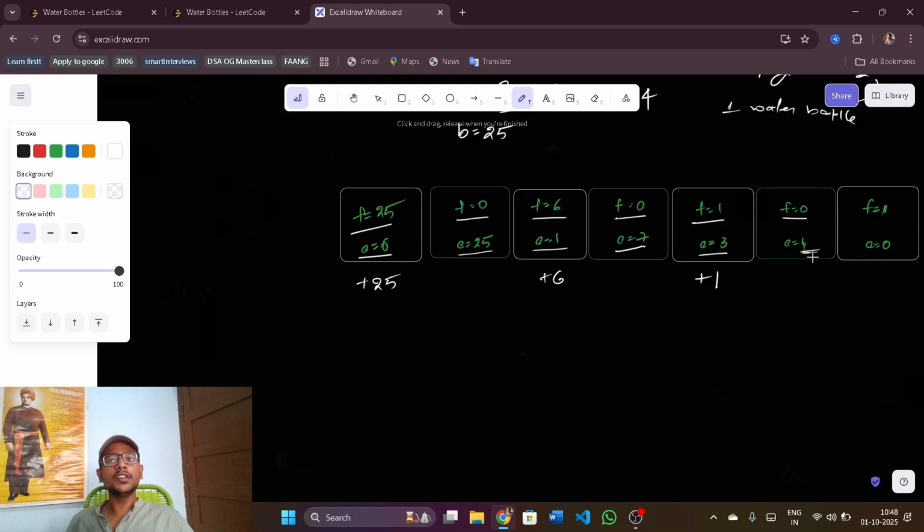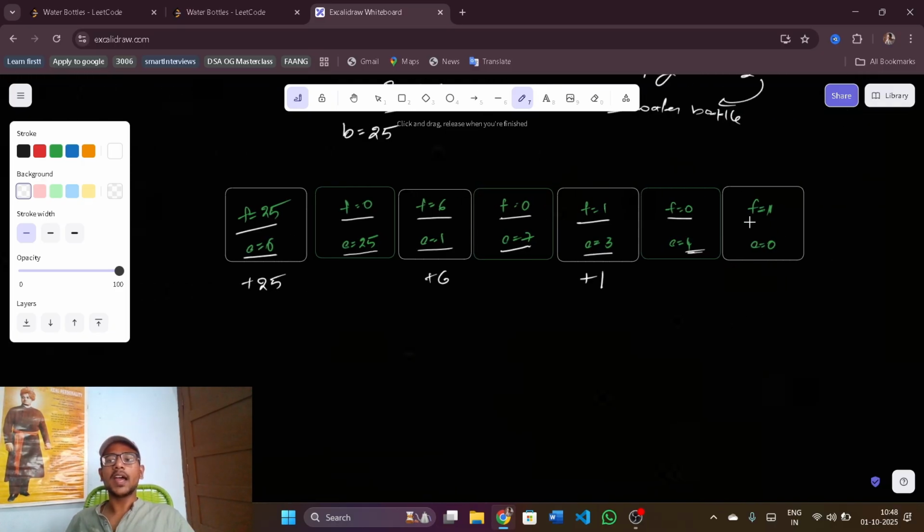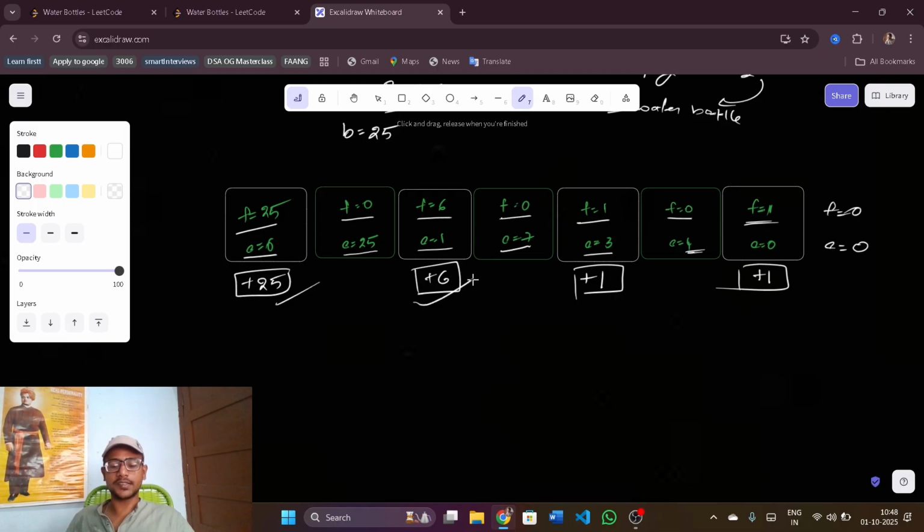Now, by giving these 4 empty water bottles, I'll get 1 filled water bottle and drink that bottle and get filled as 0 and also empty as 0. But if you see, every time I'm adding these filled water bottles to my answer, right? So 25 plus 6 is 31 and 31 plus 1 is 33.